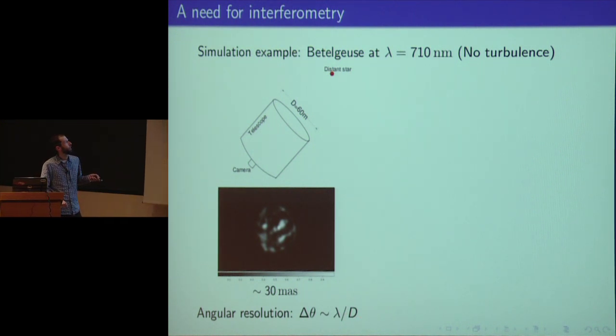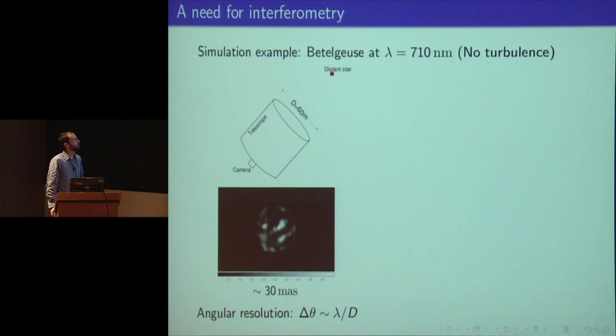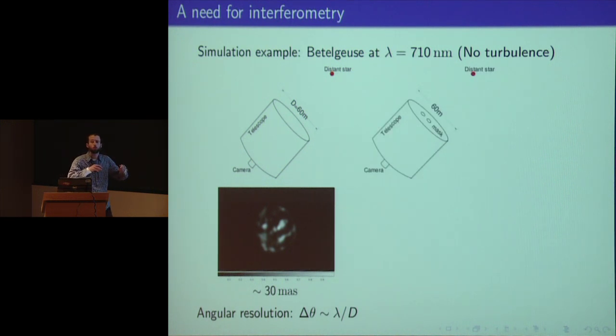Now, technically, it's very difficult to construct a telescope that is 60 meters in size. So you can think of interferometry as masking a telescope. You can think that you put a mask and you use just small parts of a telescope.